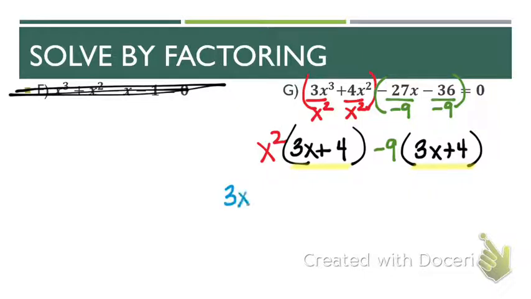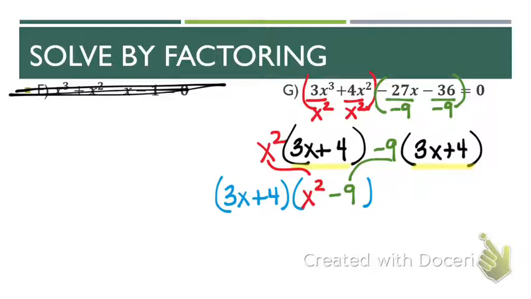And then my second factor is what I took out. So I took out an x squared, and I took out a negative 9. So those two come together to create the second factor. So 3x plus 4, and then x squared minus 9.